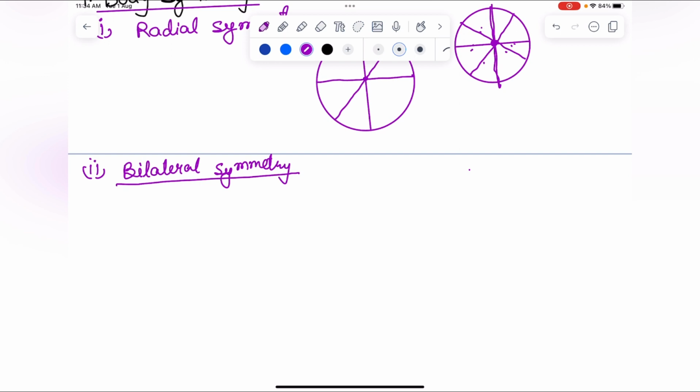Only one plane is possible; examples range from Annelida to Chordata. I have taken the example of a butterfly: we can cut from left to right, so there will be only two equal halves. This is called bilateral symmetry, with a mirror image of right and left halves.